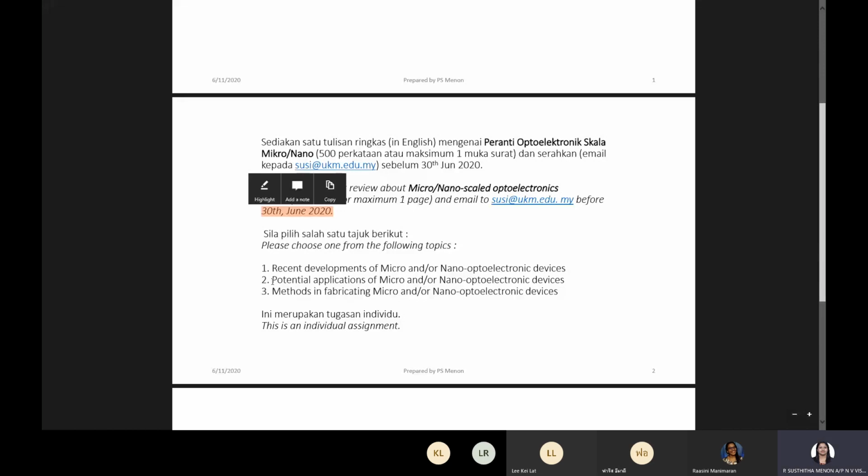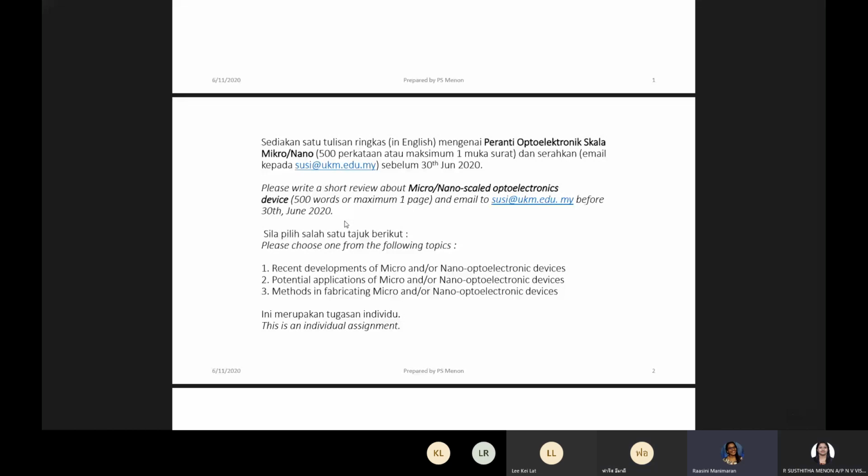Last week we discussed many applications, right? So if you understand one of them, you can take that and use it as a potential application, or you can Google it up. This is an individual assignment, so you send it to me by the 30th of June, just 1 page or 500 words. 500 words, doctor, right? Yes. So we are supposed to read up and then just give a summary of what we understand about it, right?